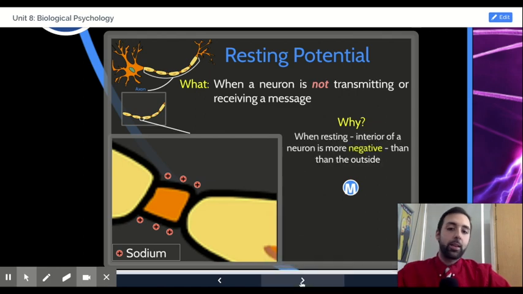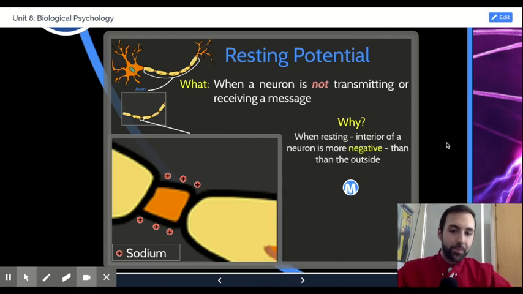Why is a neuron called resting potential? Well, when a neuron is just resting, the interior of the neuron is relatively more negatively charged than the outside environment. So if you take a zoomed in look at a neuron when it is resting, as I have done in this diagram, this is a diagram zoomed in on the axon, specifically the space between two myelin sheath.